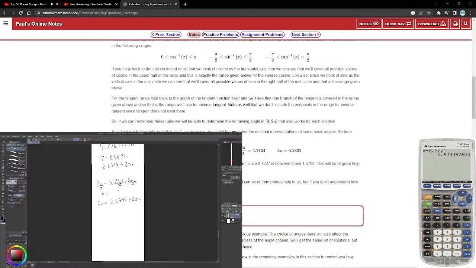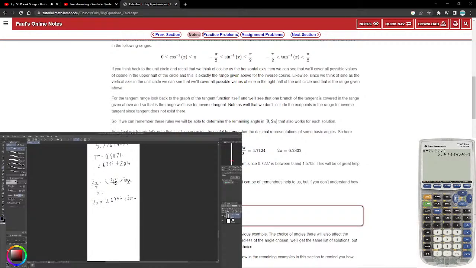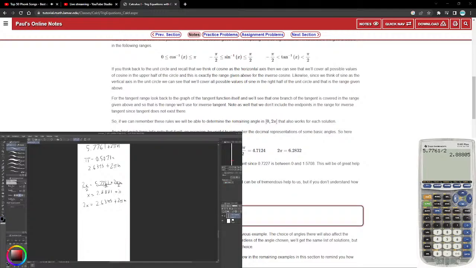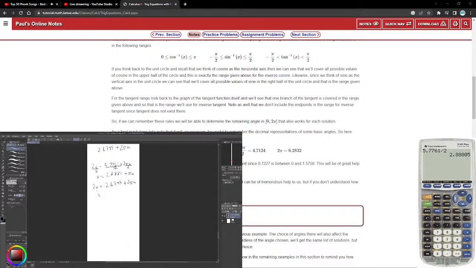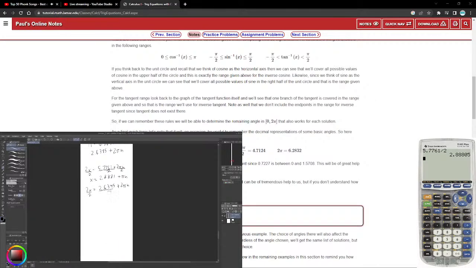Yeah, x equals 5.7761 divided by 2, 2.8881 plus pi n, divided by 2 on all terms at the bottom.